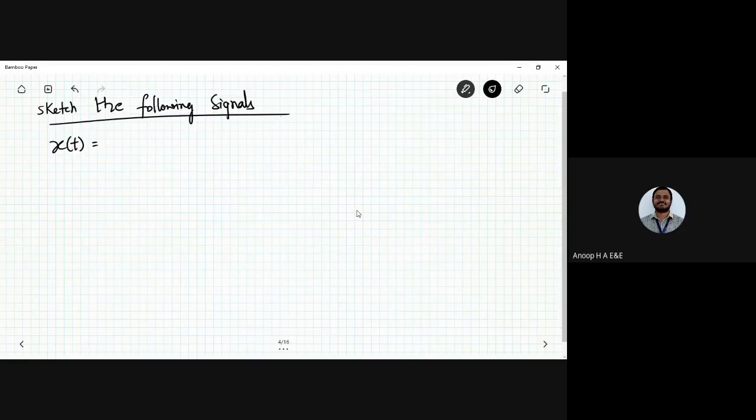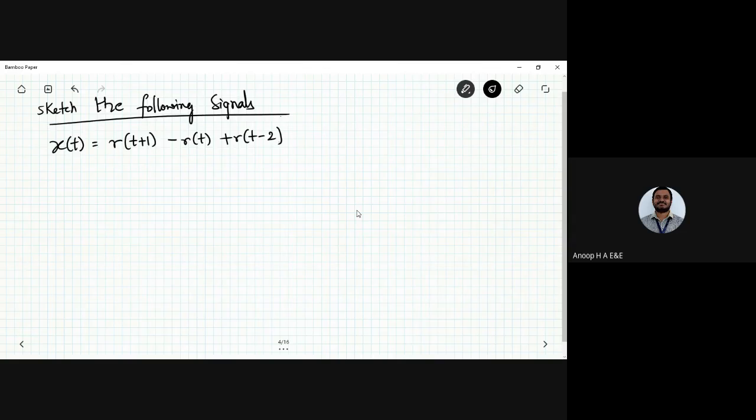Say that is x of t, that is r of t plus 1 minus r of t, plus r of t minus 2.